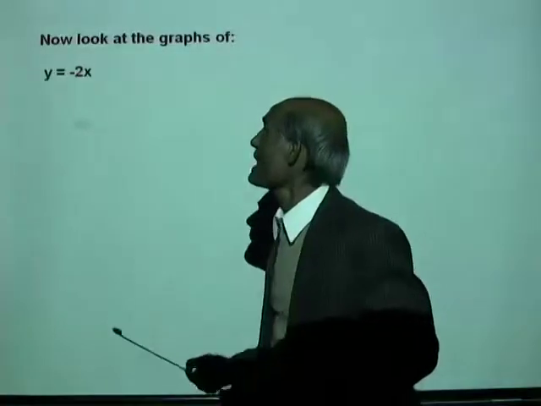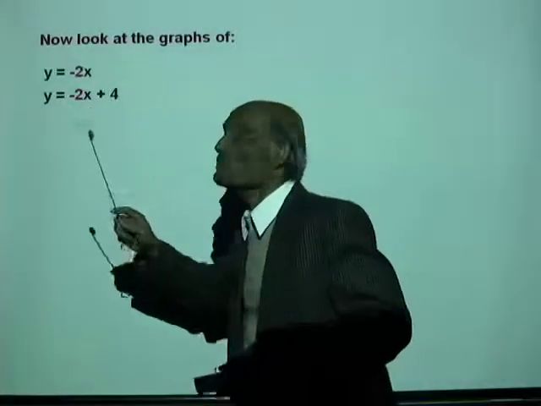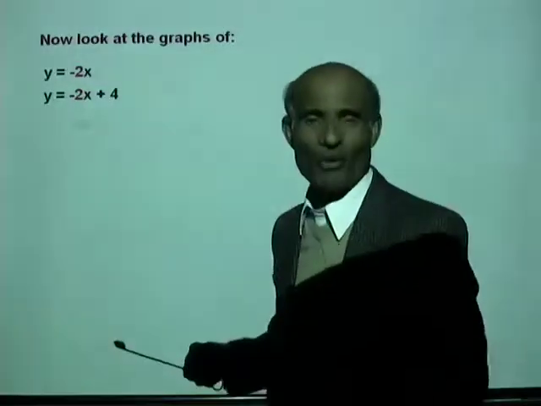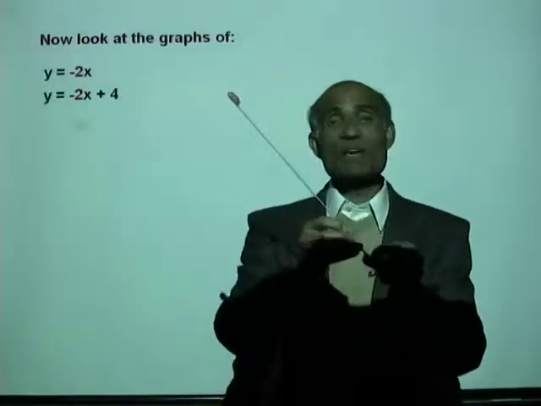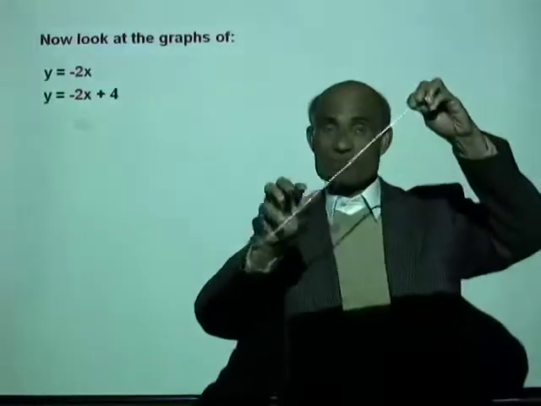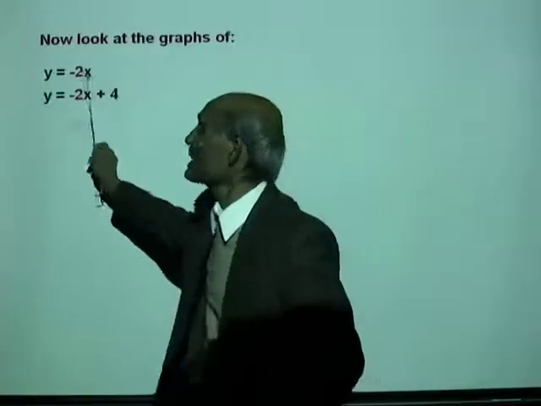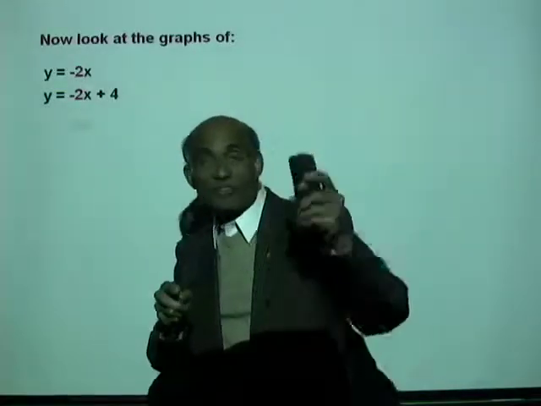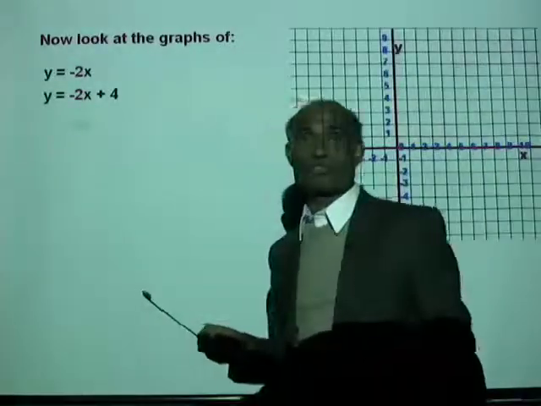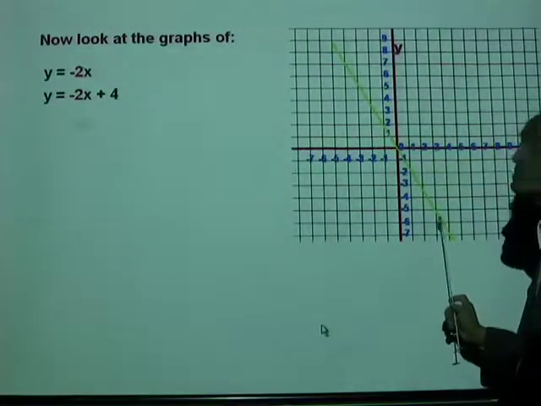Let's look at the graph of y equal to negative 2x and y equal to negative 2x plus 4. Now remember, if y equal to 2x is an increasing graph, y equal to negative 2x will be a decreasing graph. Slope negative 2 means as x increases, y decreases. So this is the graph of y equal to negative 2x.